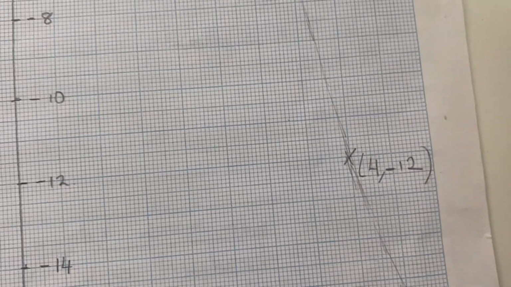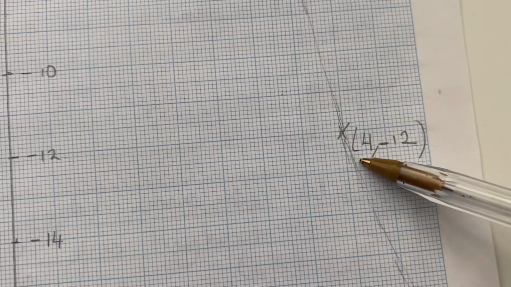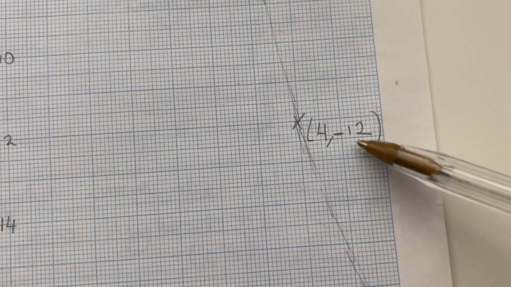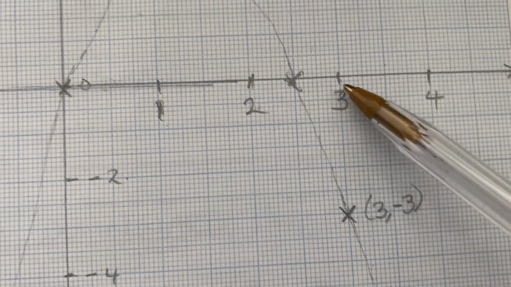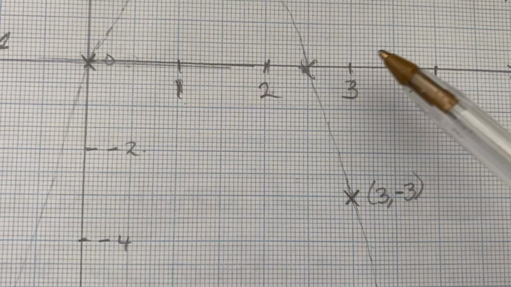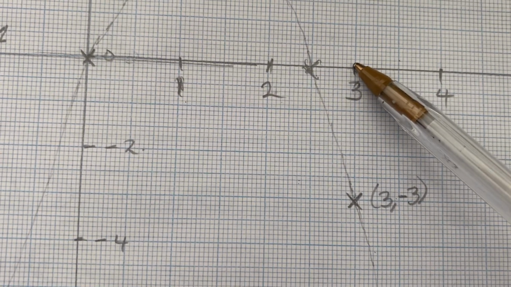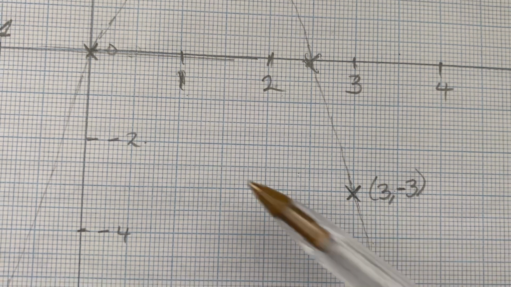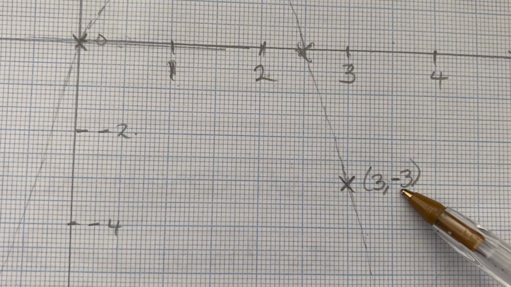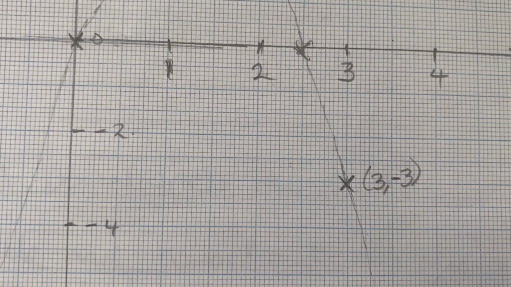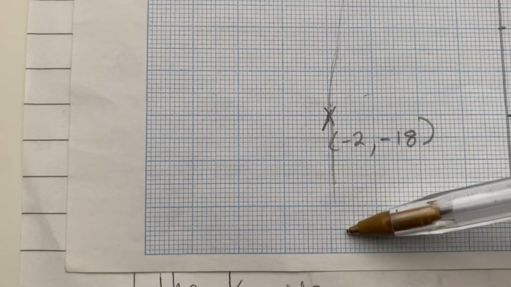So your x coordinate first and then your y. So this will be 3, -3: +3 for the x and -3 for y. You can't go wrong on this one. After you finish, you use your free hand.